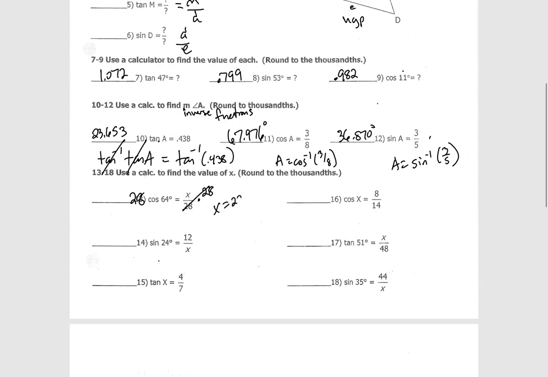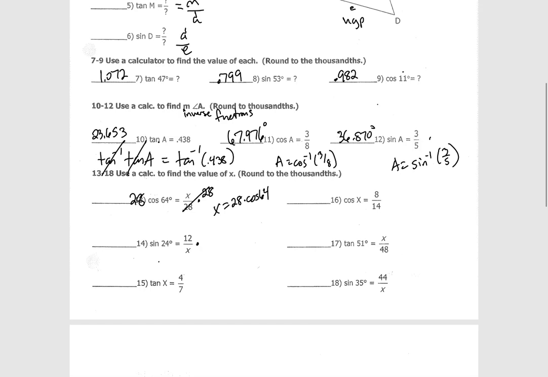So you would plug that in on the calculator and round. The ones that are two-step ones are the ones where the variable is in the denominator. My first step is going to be to multiply both sides by x, getting it out of the denominator. So now I have x times the sine of 24 degrees equals 12.